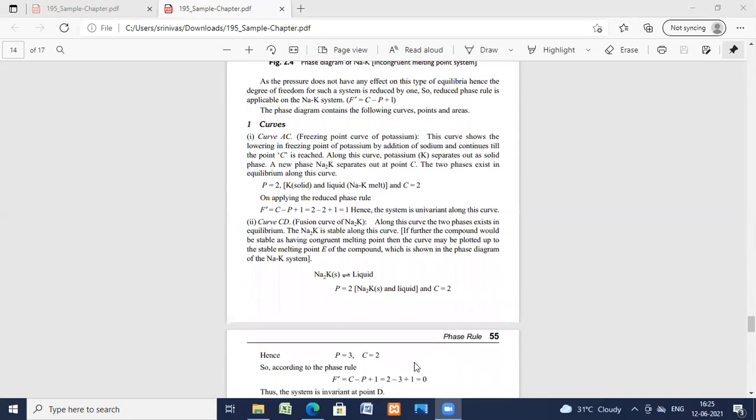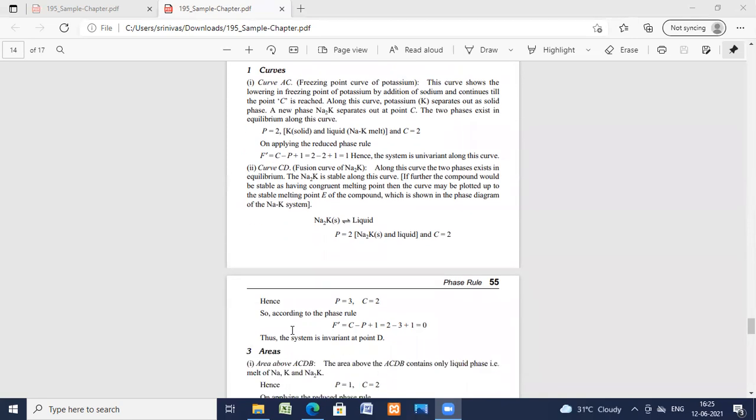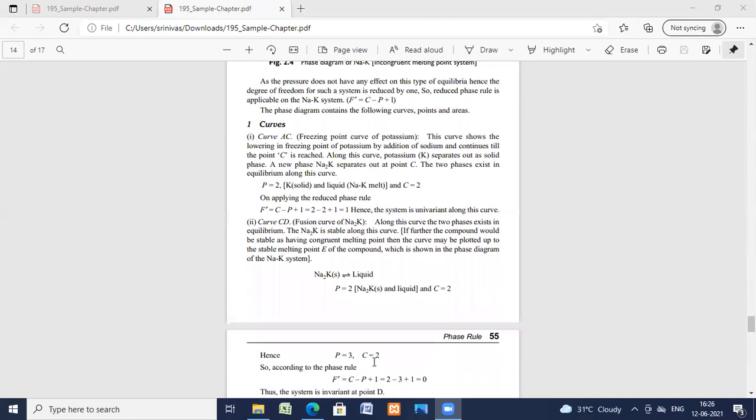F is equal to C minus P plus 1, which is equal to 2 minus 3 plus 1 equal to 0. So it is invariant. The system is invariant at point D. Okay, along this curve, P is equal to 2, C is equal to 2. So 2 minus 2 plus 1, it is univariant.